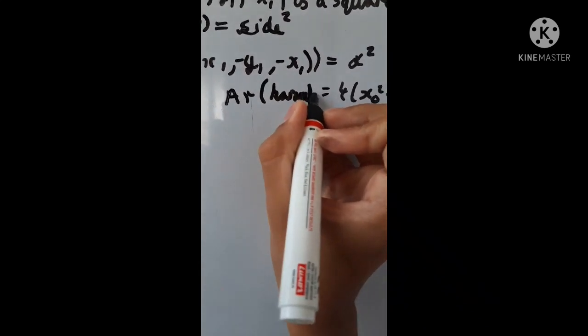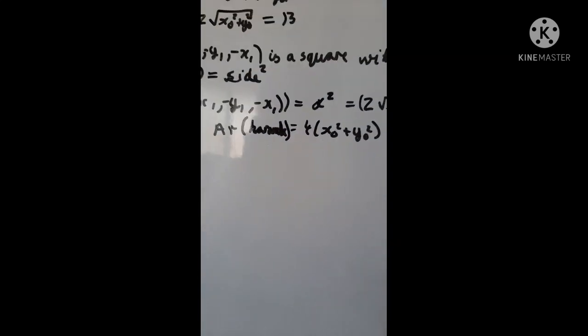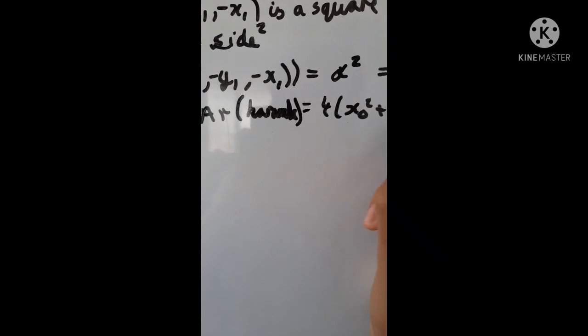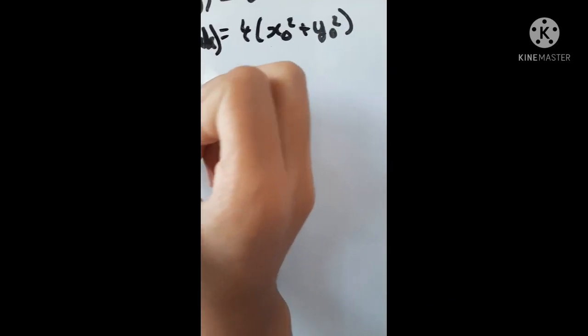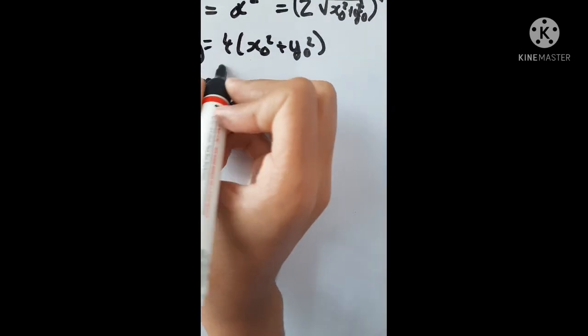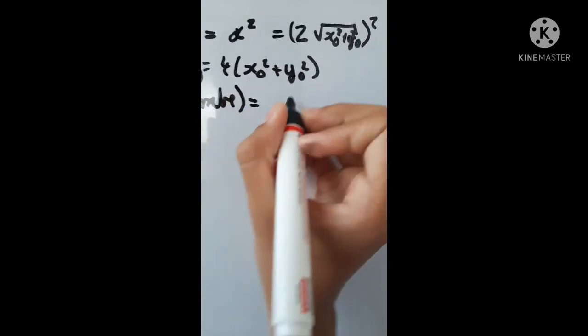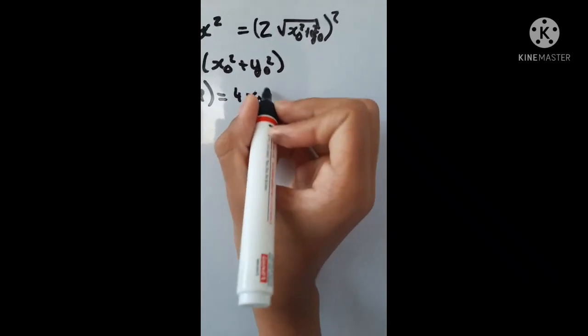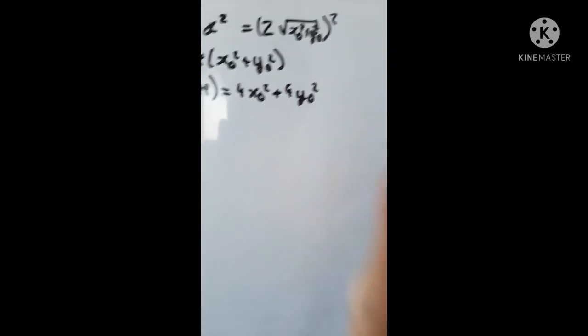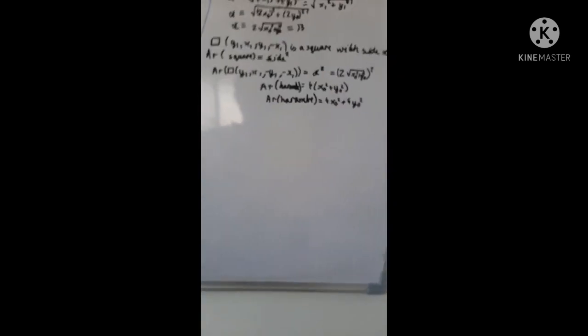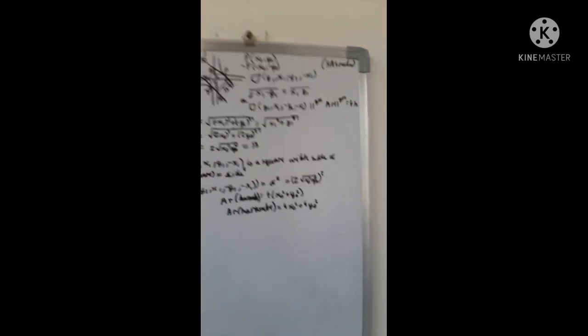I'm going to get sued for this, aren't I? So the area of Harambe, RIP, I respect Harambe, is equal to 4x naught squared plus 4y naught squared. That's my Harambe figure.